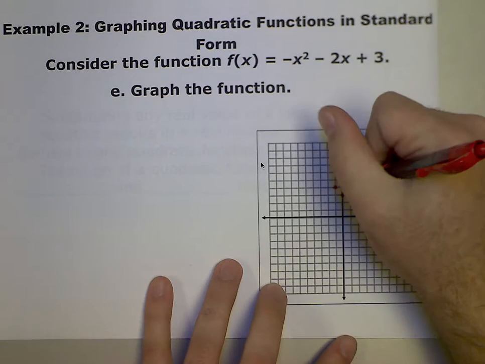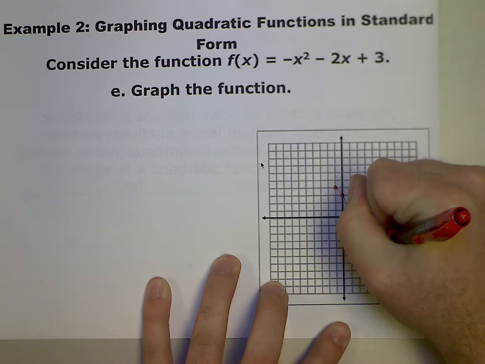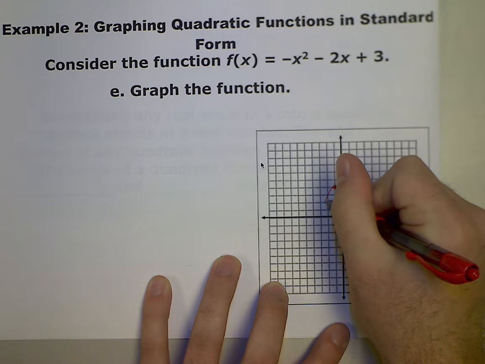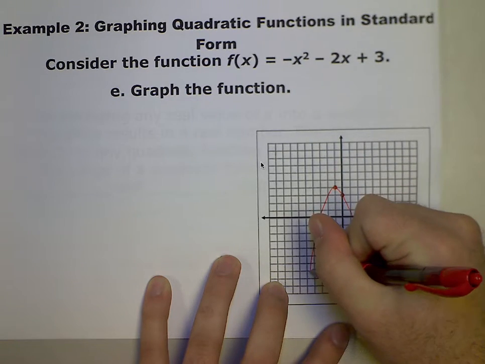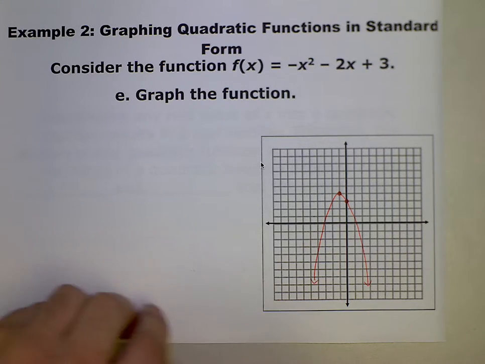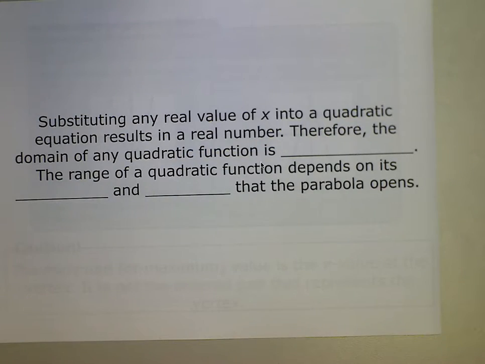Now I want to draw in that half of my parabola, and it's going to go something like that, and I want to make it symmetric on the other side. Just get as close as you can so it looks the same on both sides. And that is our graphing using all of those properties.